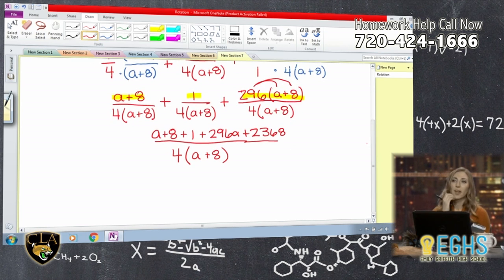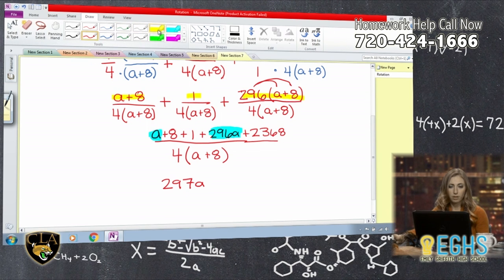Now at this point, we want to simplify that numerator, combining any like terms. This a can be combined with the 296a. Let me do that with a lighter color. A and 296a can be put together to give us 297a.